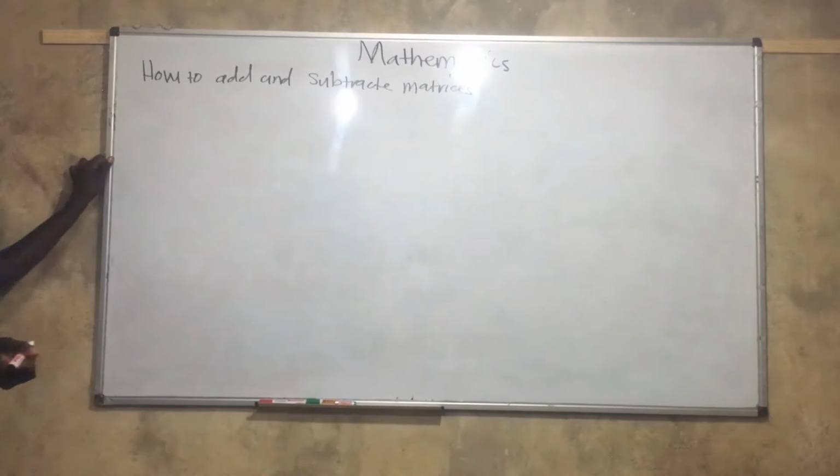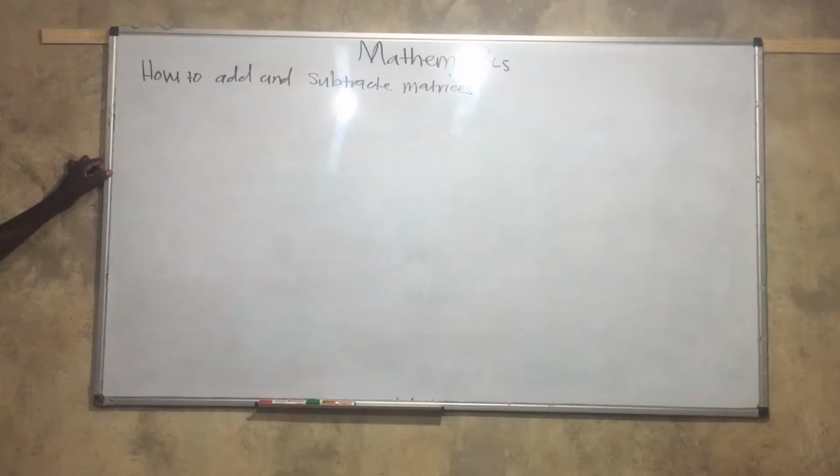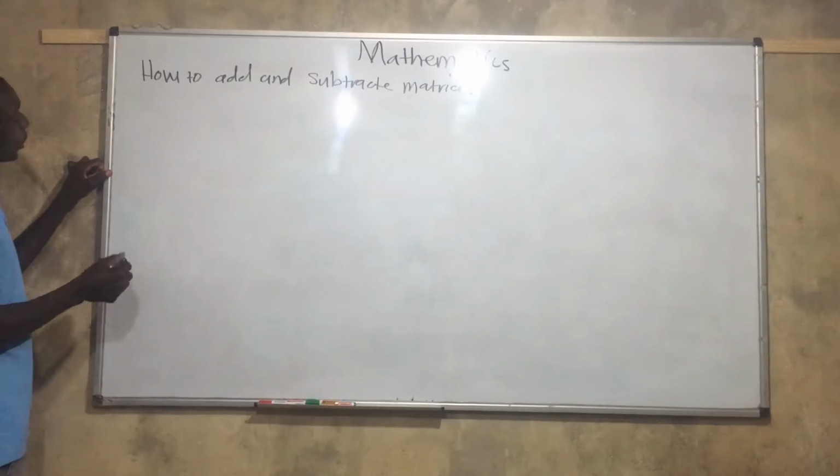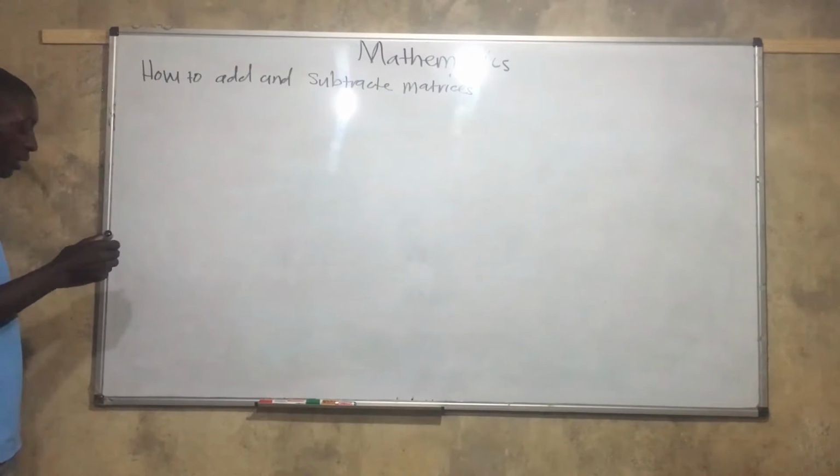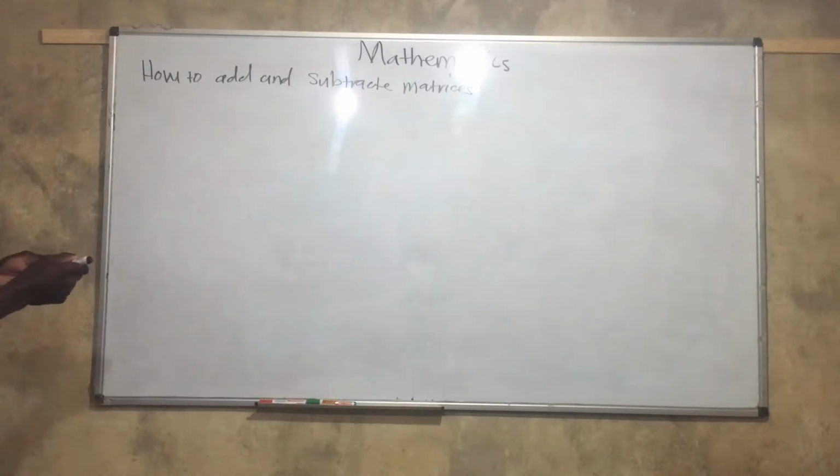So, under addition and subtraction of matrices, there are important things that we have to know. We have to know how to identify rows and columns in a given matrix.